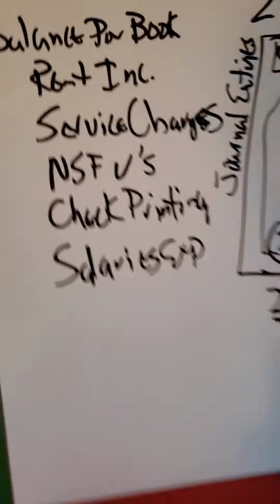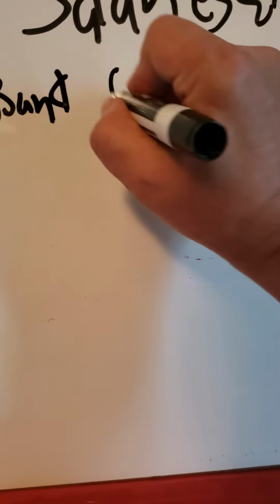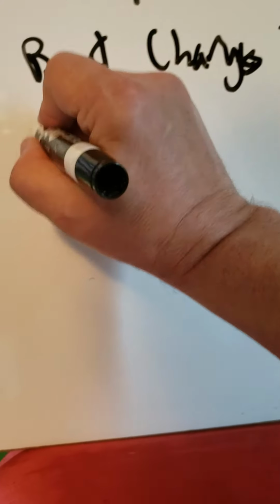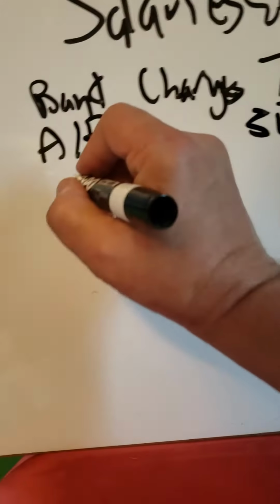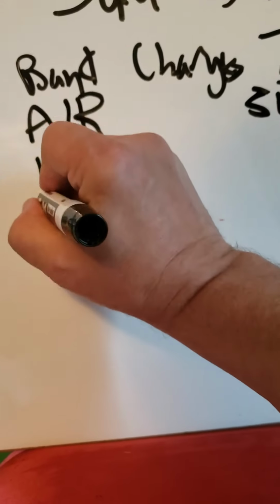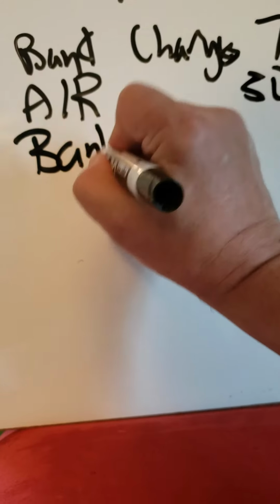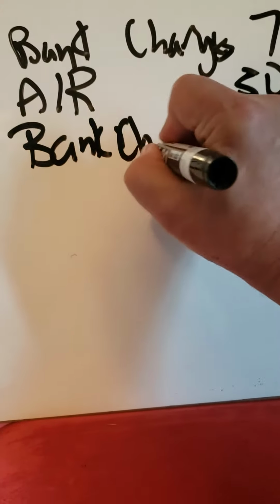So my journal entry is pretty easy. Bank charges of 70. My NSF checks are going to be accounts receivable because they still owe us those amounts of money. We just need to go and try to collect it. I'm going to call this printing charges bank charges again.